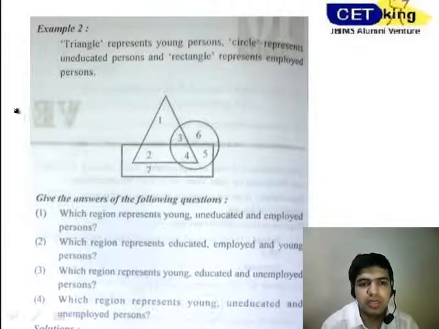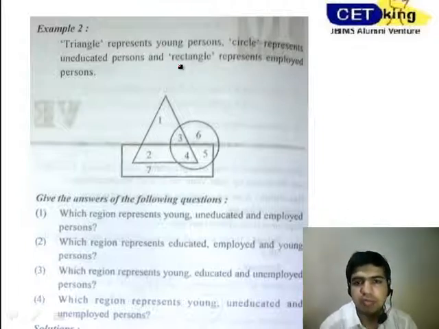So if we consider all the people falling in this triangle are young people, we can very well say that all the people falling outside this triangle are not young. Similarly, the people falling in the circle are uneducated, and people falling outside the circle are educated. In this type of question we can assume that. And in the rectangle, all the people are employed, and outside the rectangle all the people are unemployed.